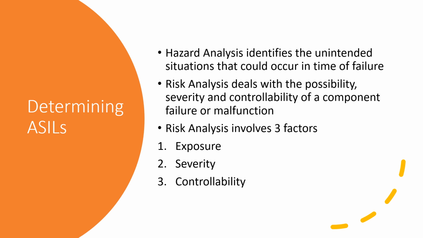So what is hazard? Hazard analysis identifies the unintended situation that could occur in time of failure. Risk analysis deals with three different things: the probability, severity and controllability. Let us get into the details of it. What is the probability of exposure, what is severity, and what is controllability?